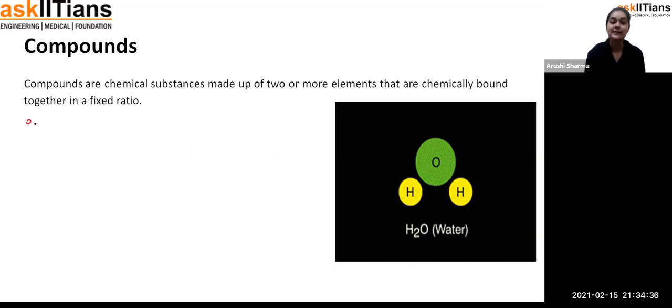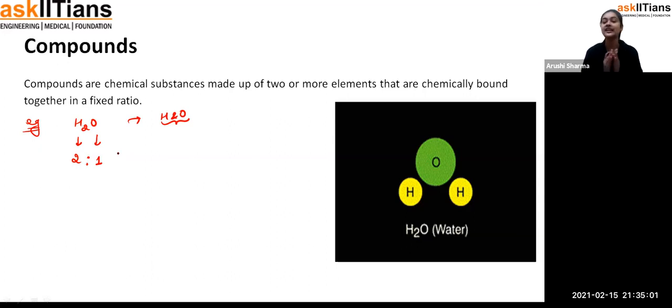Okay, for example, H2O. In that, students, hydrogen and oxygen bind together with the help of a chemical bond. In this compound, hydrogen is 2 and oxygen is 1. That means whatever the condition, whether water is present in ice form, liquid form or vapor form, the chemical formula of water will remain the same.